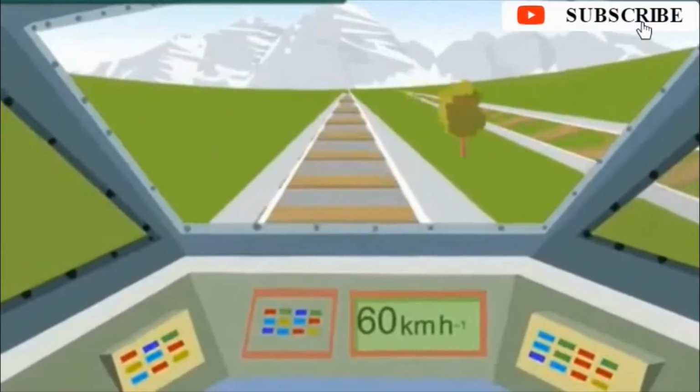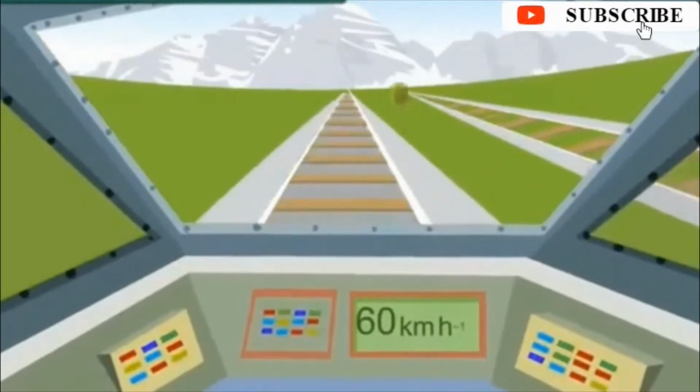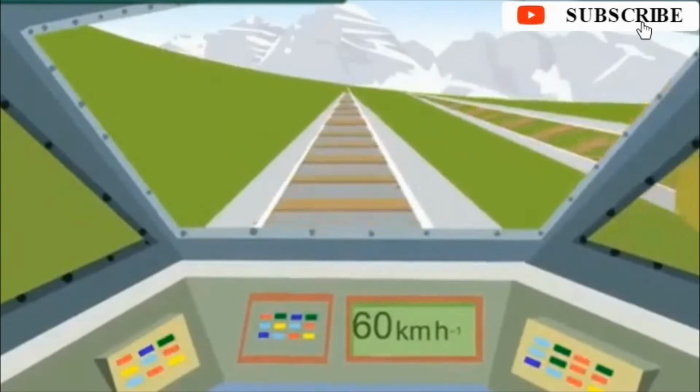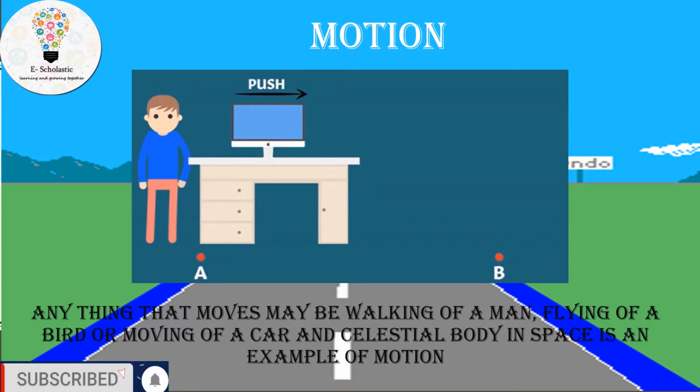Motion is the change in position of an object with time. The change in its position can be determined through distance measurement. We have seen the examples of various moving objects around us, maybe on earth or around the earth.